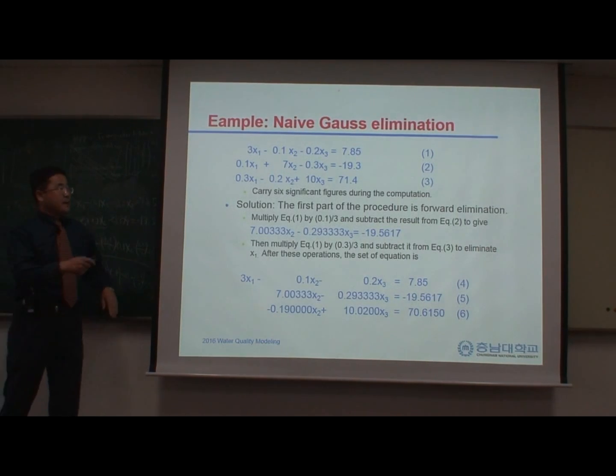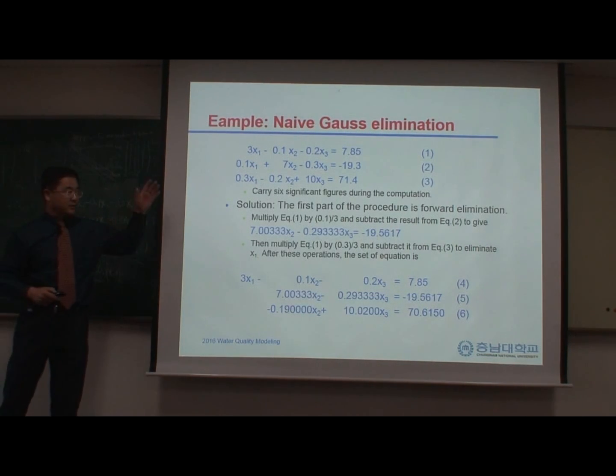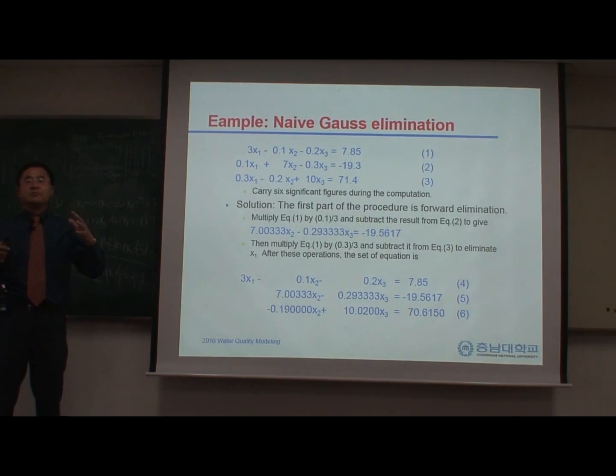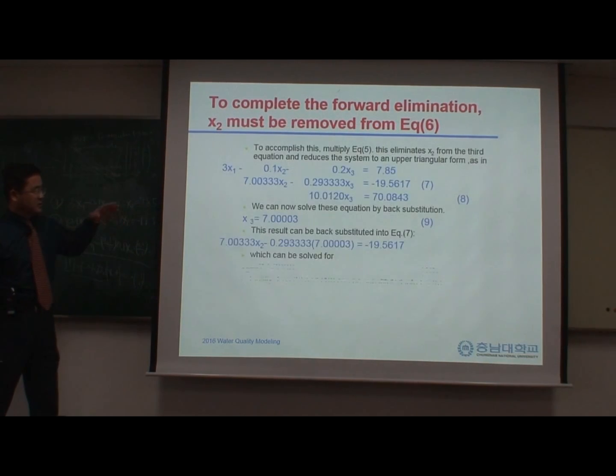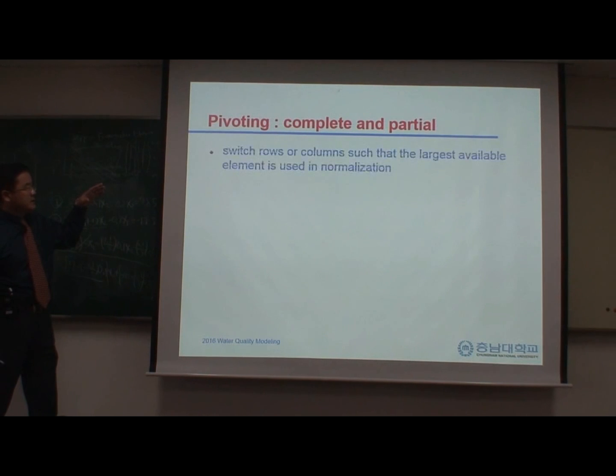So the pivoting, normalizing, scaling, the rest of the stuff is to minimize the error. I will just quickly go over it.